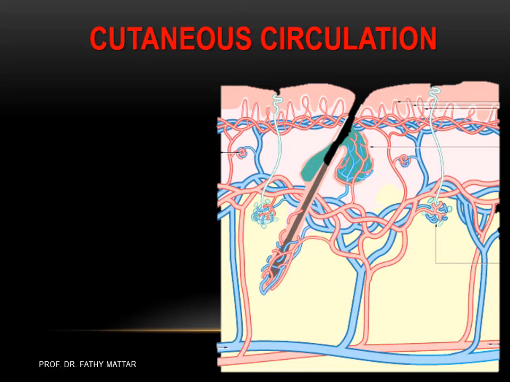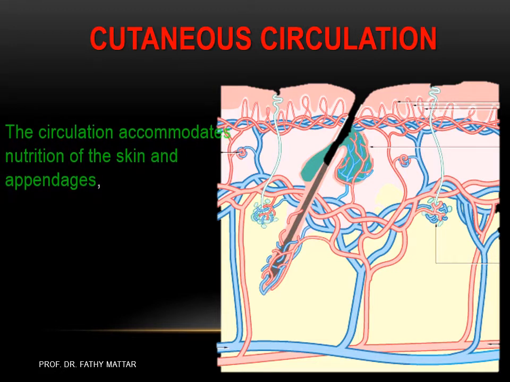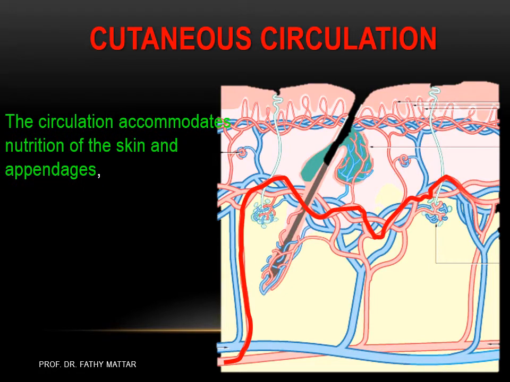Cutaneous circulation. The circulation accommodates nutrition of the skin and appendages. There is arterial supply and venous drainage of the circulation.